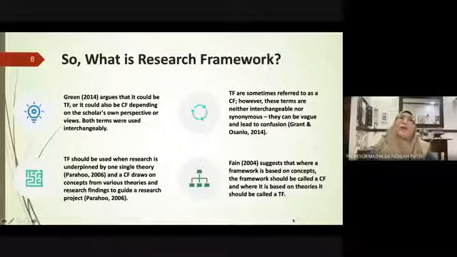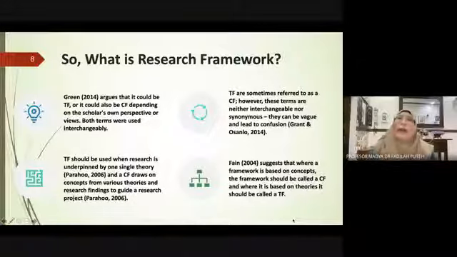So when we talk about research framework, according to Parahu, you should name it a theoretical framework if your study is based on one single theory, or a conceptual framework if your research is based on several theories.